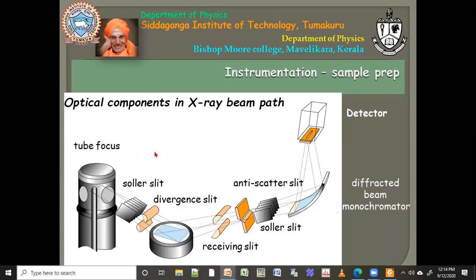So if you take the torch opening, it is very small, but the torch light on a far away wall is going to be big. That is because light, when it is traveling, is going to disperse a lot. Your X-rays are also light. It is just a form of light.